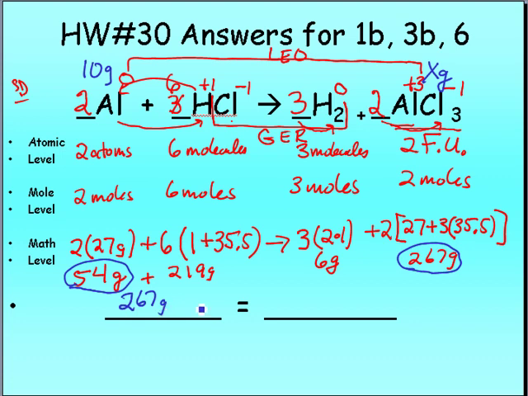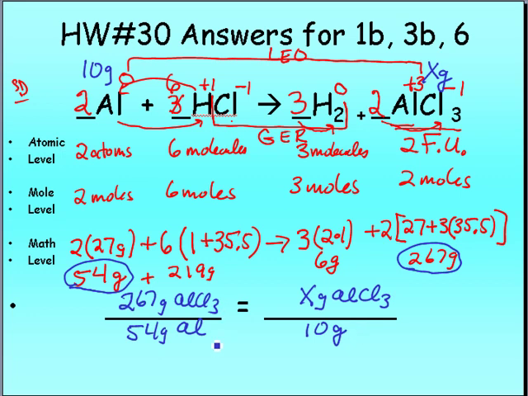We're going to say, look, I can make 267 grams of aluminum chloride when 54 grams of aluminum react, according to the equation, if everything goes just perfect. But I don't have 54 grams. I want to know how many grams of aluminum chloride I can produce if I start with only 10 grams, a little bit less.